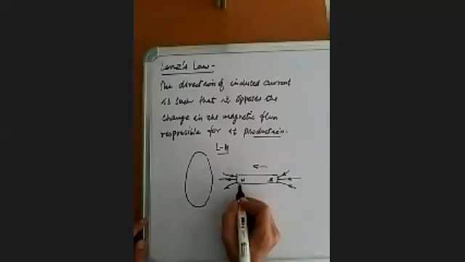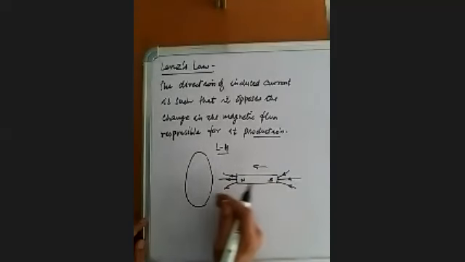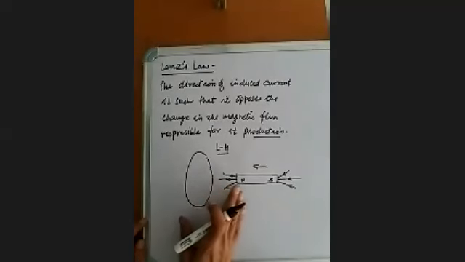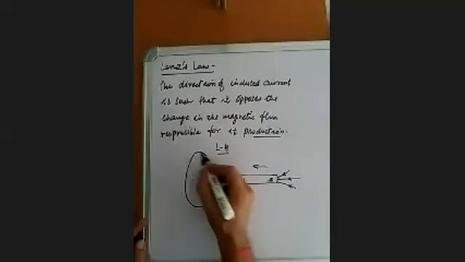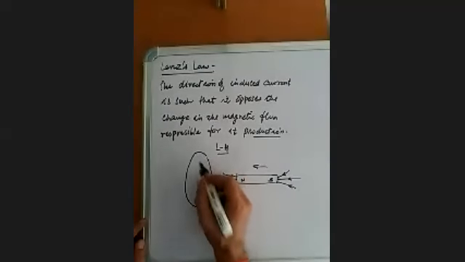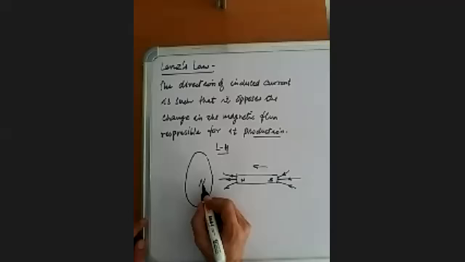So how to oppose this change? This change can be opposed if the north pole is repelled from coming close to the coil, so that there is a force of repulsion and this change does not occur. So what will happen in that case? In this face of the coil, the current starts flowing in such a direction that this face of the coil becomes a north pole.